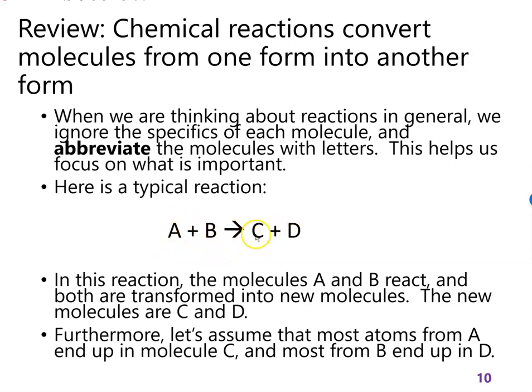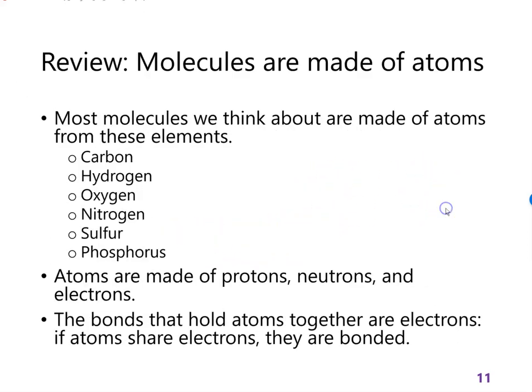A plus B becomes C plus D. And one thing to note about this is each molecule is made up of atoms, and what happens in a chemical reaction is they trade some of those atoms. And so in this reaction, most of the atoms of A end up in molecule C, and most of the atoms of B end up in molecule D. That will be a useful thing to remember as we continue.